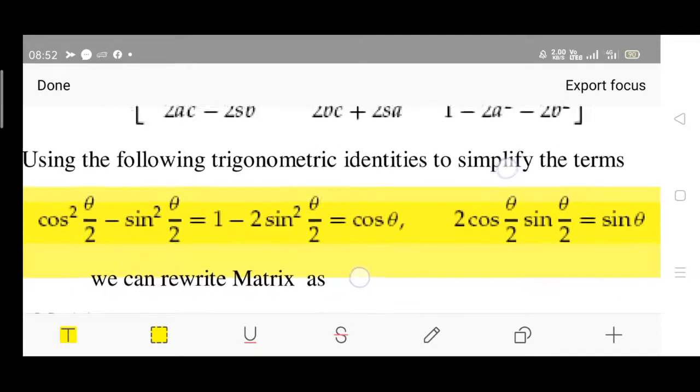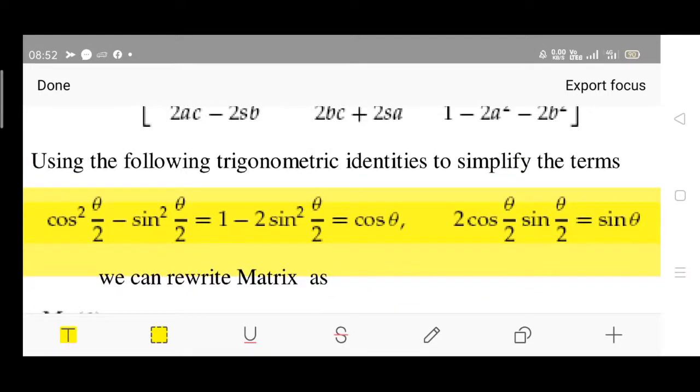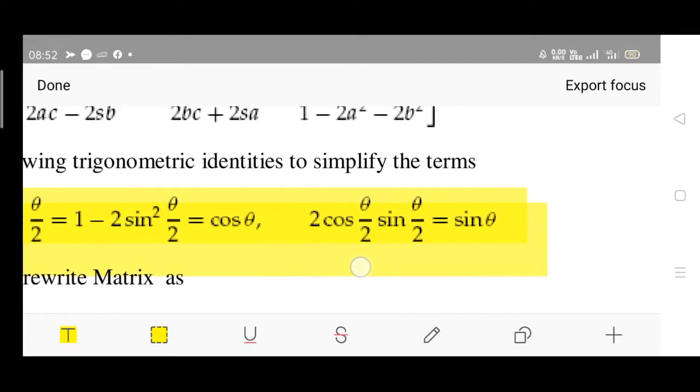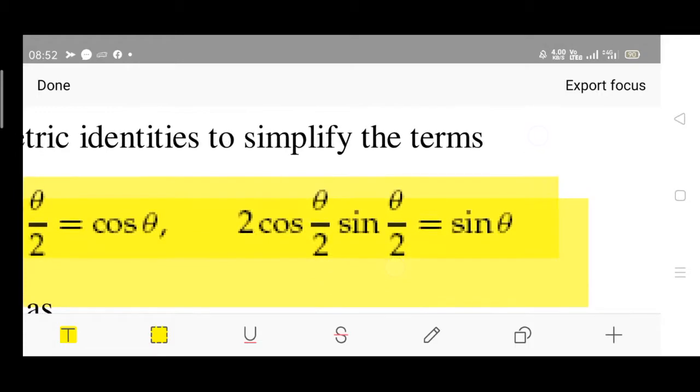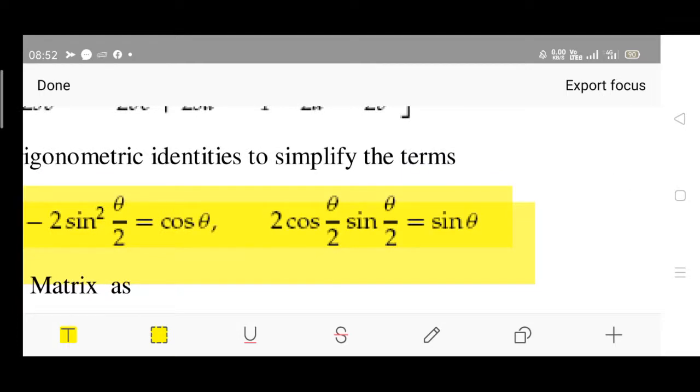Please remember, these identities are required for simplification purposes, and 2 cos theta by 2 times sine theta by 2 can be substituted as sine theta, right? Fine. So these are the identities we should remember, and this will be helpful during simplification.